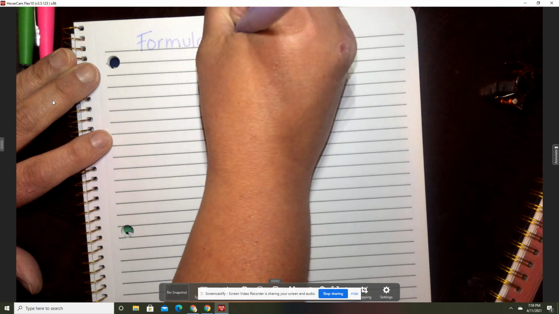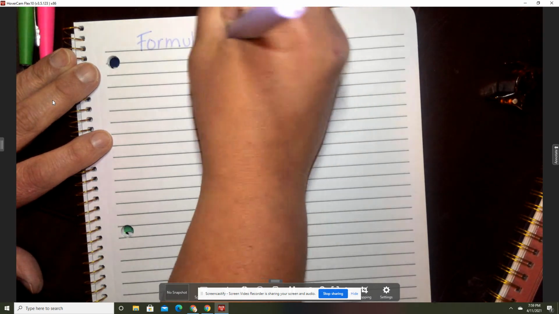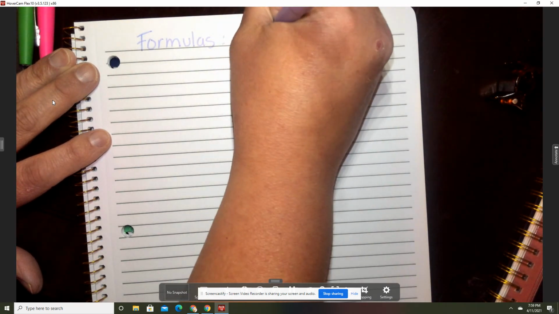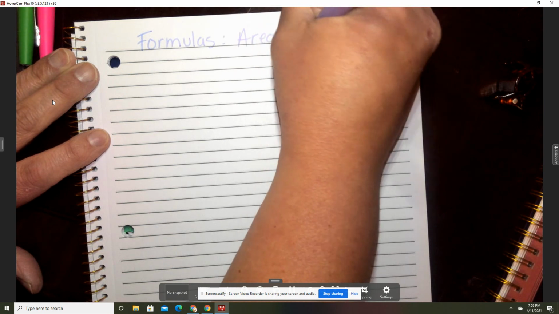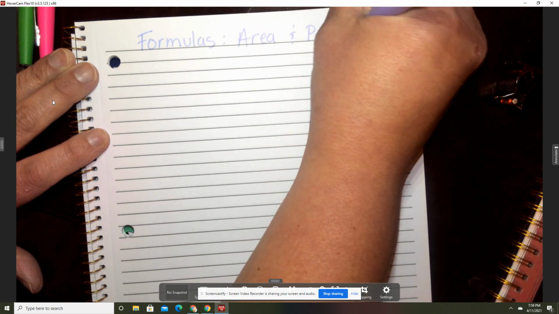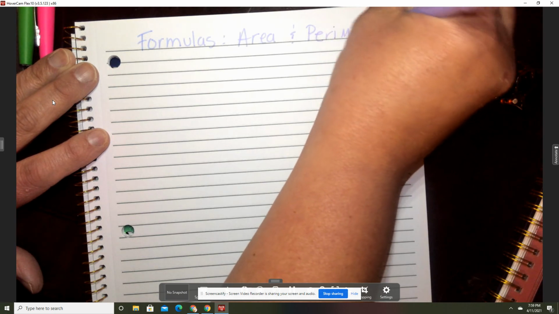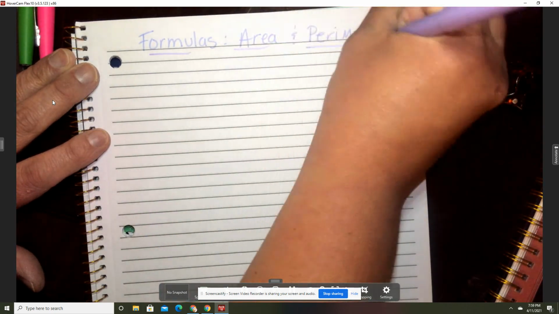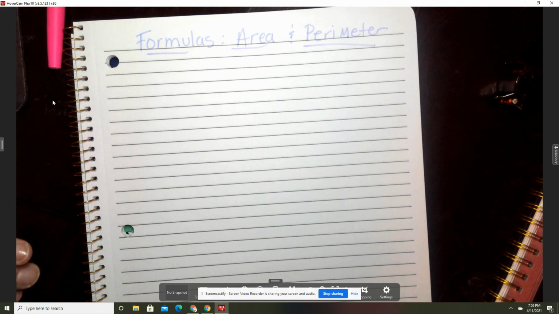So we're going to write in the formulas for area and perimeter. All right, so area and perimeter are very similar.